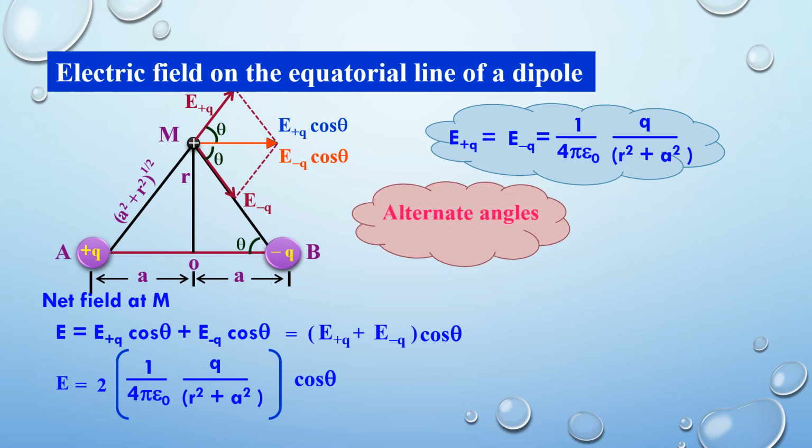Further, taking alternate angles, if you check the diagram, we have alternate angles where the angle made by MBO is also theta. Hence, we can say alternate angles are the same.